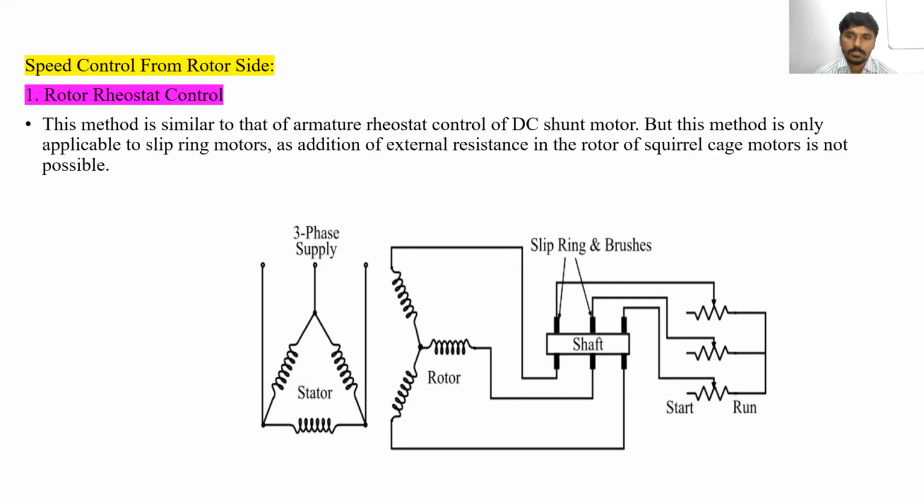But here we are using the rheostat. By using the rheostat or resistance, the energy is going to be wasted. If any resistance is connected in the circuit, some amount of energy will be wasted in the form of heat. Clear?